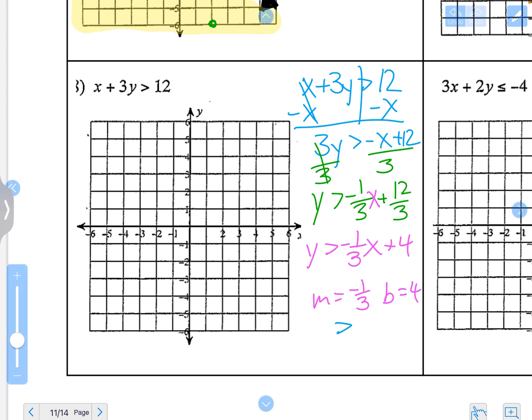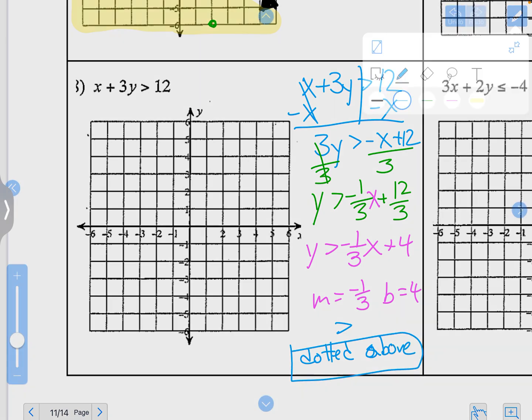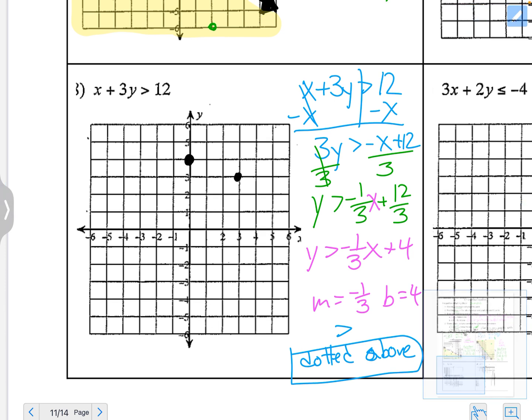We have greater than, which means it's going to be dotted, and we're going to shade above. So now I get my line out to graph, so positive 4. We're going to go down 1 to the right 3, down 1 to the right 3.